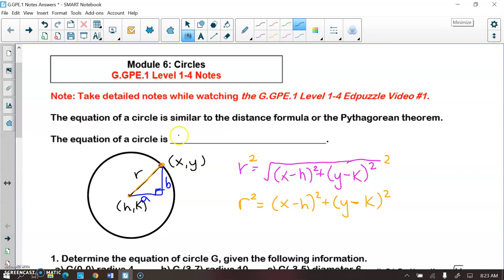So let's write the equation of our circle on the line above. r squared, radius squared, is equal to x minus h, and h is the x value of the center of our circle, squared, plus y minus k, and k is the y value of the center of our circle, squared.